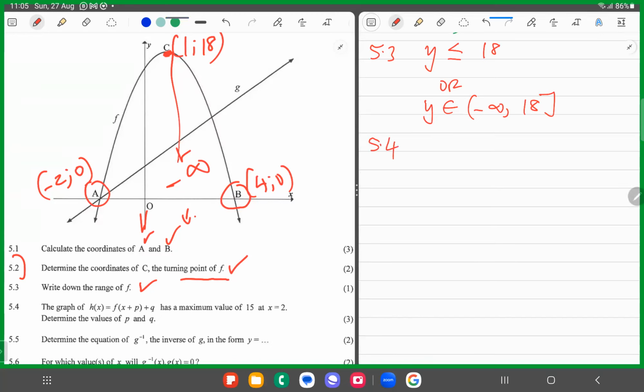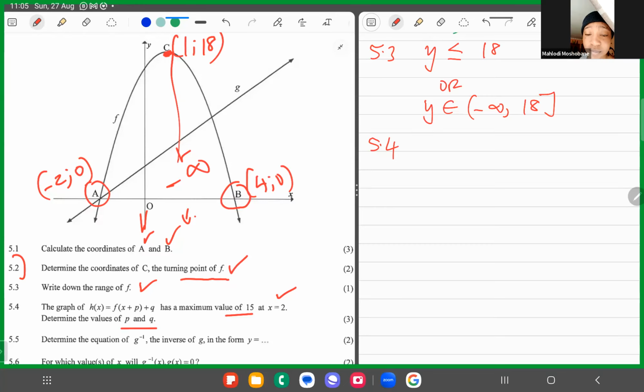We want to deal with the graph of the function h, which has a minimum value of 15 at x equals 2. Determine the values of p and q. Okay, let's do this one.